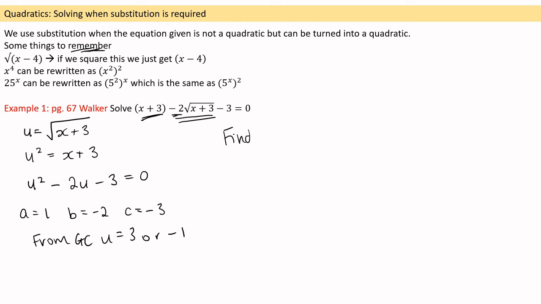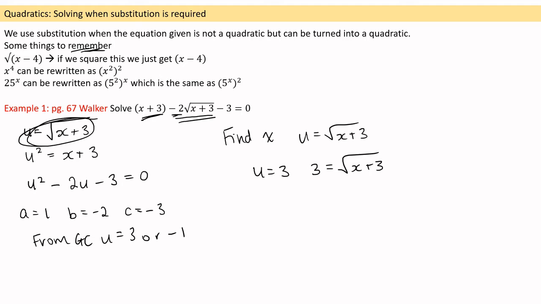Okay, so finding x, we go back to our u equation. So u equaled the square root of x plus 3, and we found u to be 3 first. So 3 equals the square root of x plus 3. Squaring both sides to get rid of the square root, we get 9 equals x plus 3.